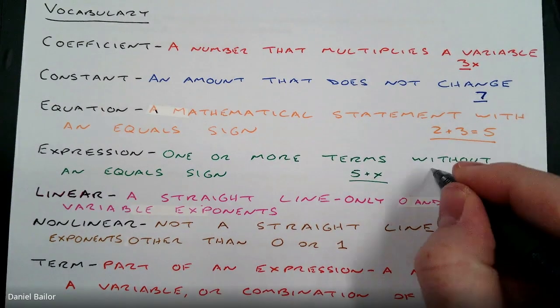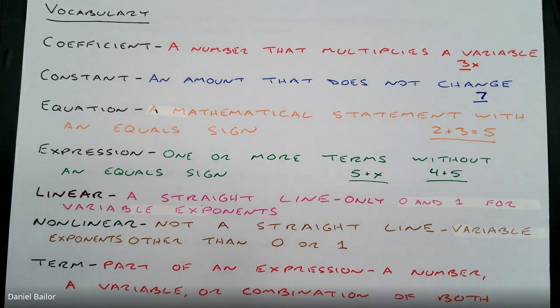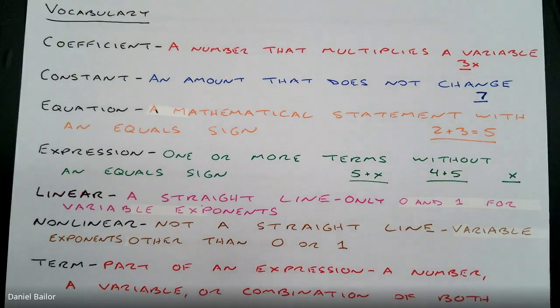Or you can say 4 plus 5. If you just write down 4 plus 5 and you do not write equals 9, 4 plus 5 by itself is an expression. Or you can even say x. X all by itself is an expression because there is no equal sign. It's a math statement with no equal sign. So that's the difference between equation and expression.